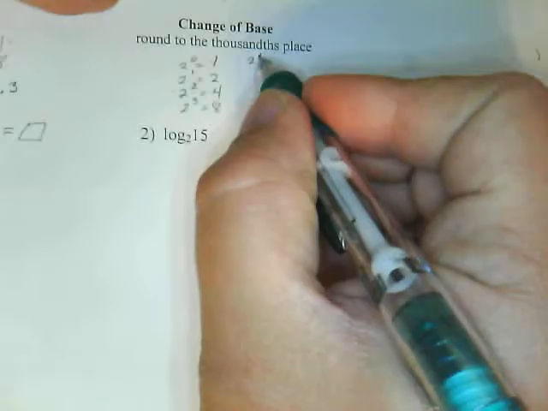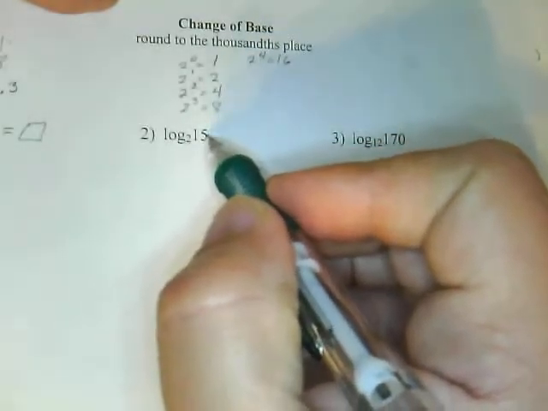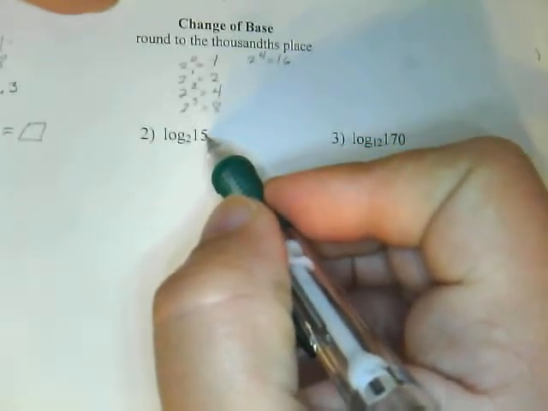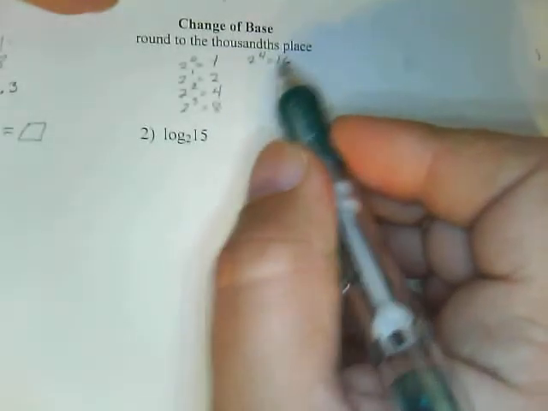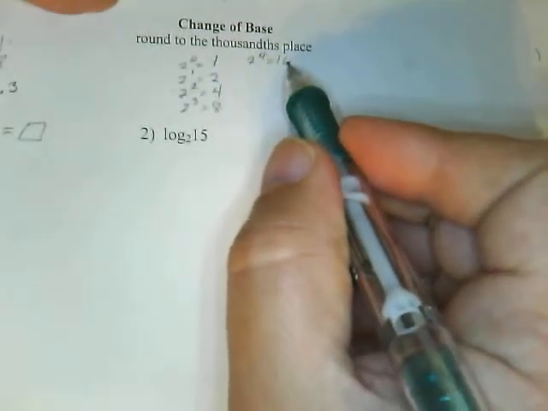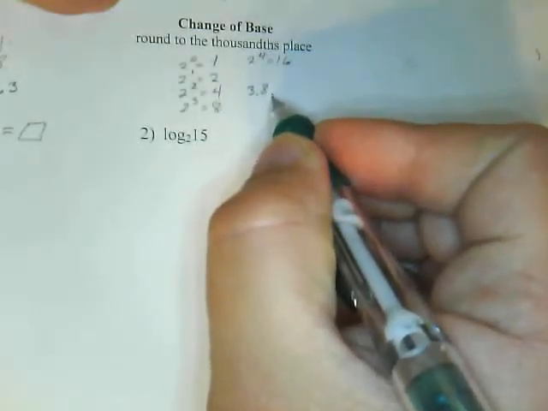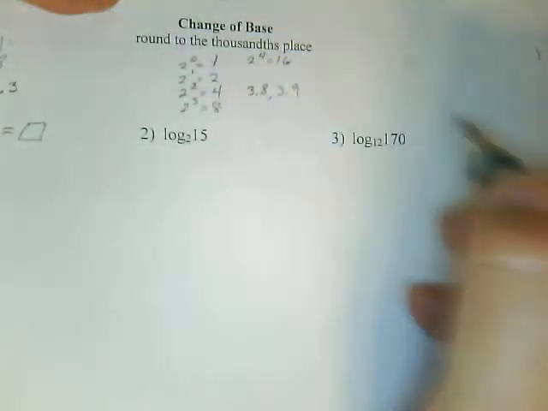And 2 to the fourth power is equal to 16. I'm looking for a number that's 15. I know that 15 is the number between 8 and 16, so that means that our answer has to be a number between 3 and 4. Since it's closer to 16, I would estimate that it's like about 3.8, maybe 3.9.